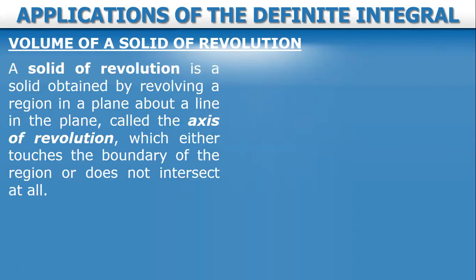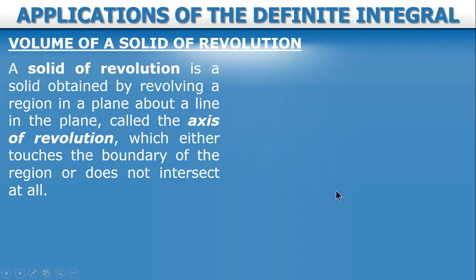A solid of revolution is a solid obtained by revolving a region in a plane about a line in the plane called the axis of revolution, which either touches the boundary of the region or does not intersect at all. So we are talking here of a plane area in a plane.